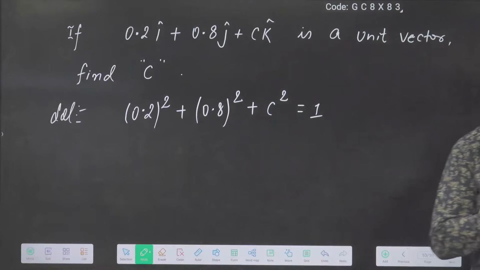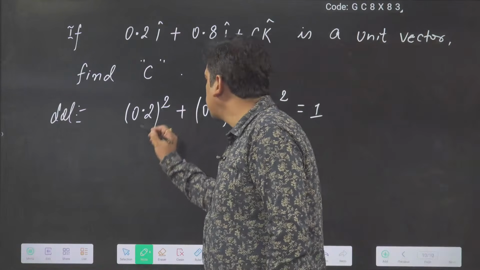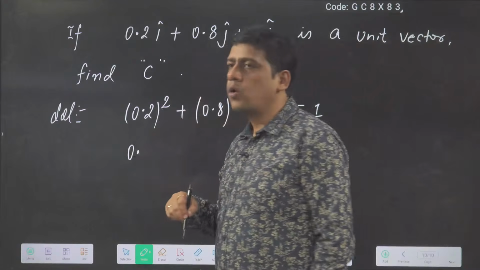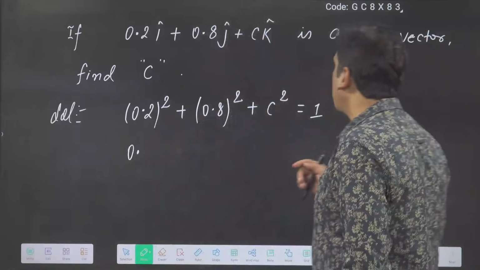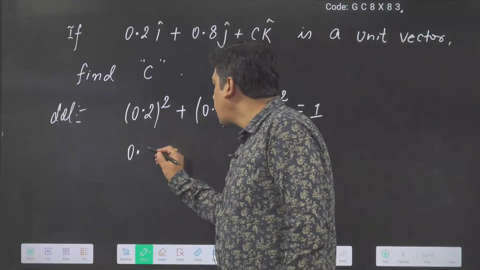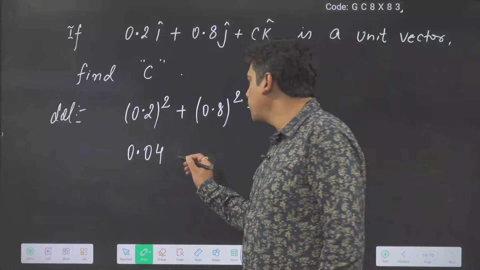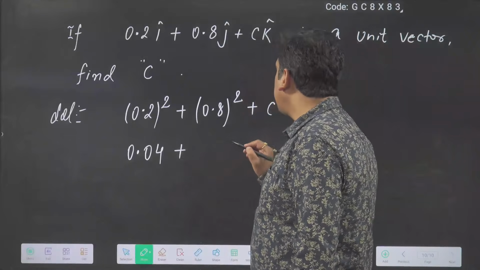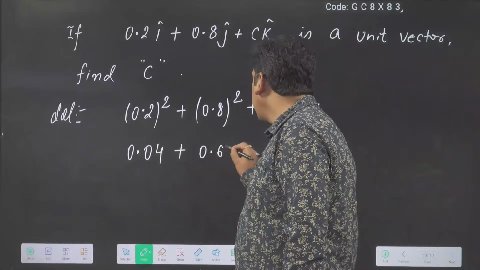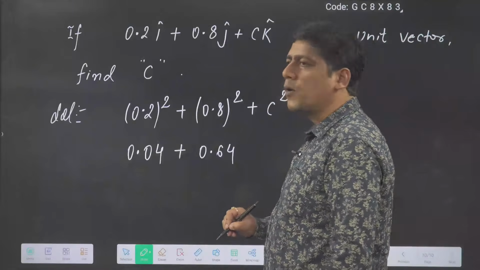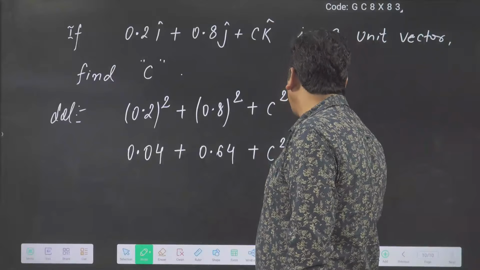I hope this much is clear. 0.2 multiplied by 0.2 is 0.04. 0.8 multiplied by 0.8 is 0.64. 0.64 plus c square is 1.